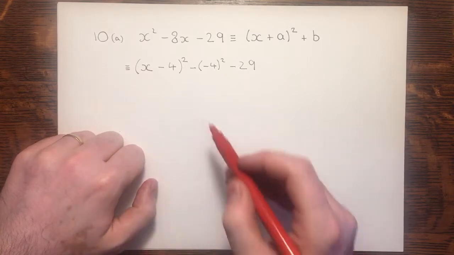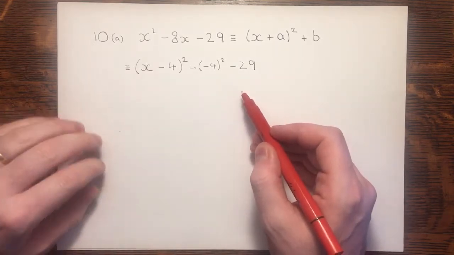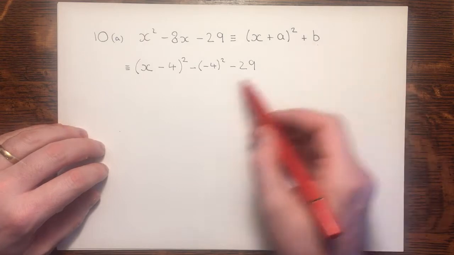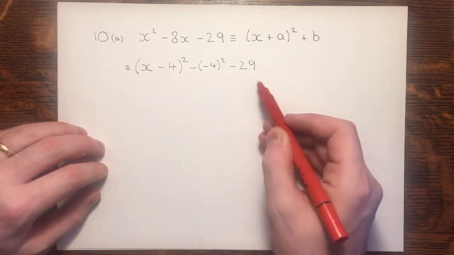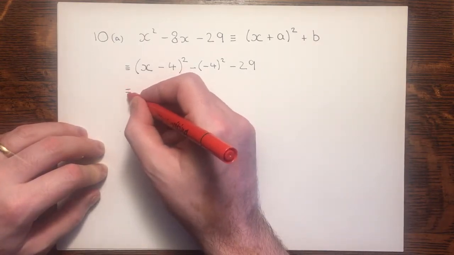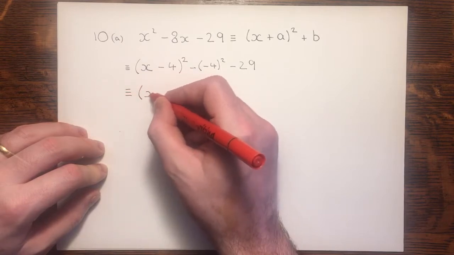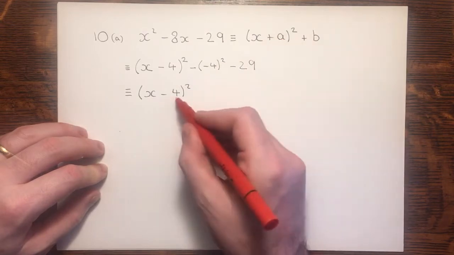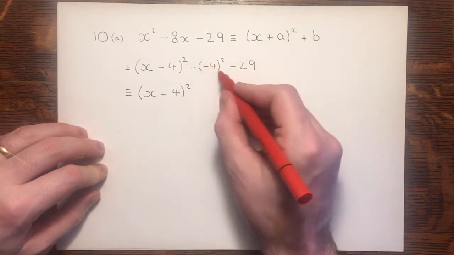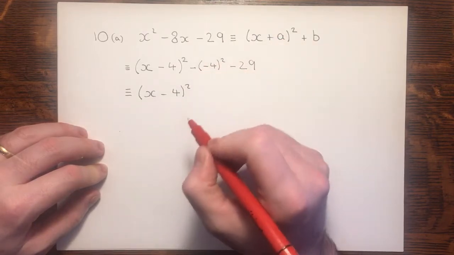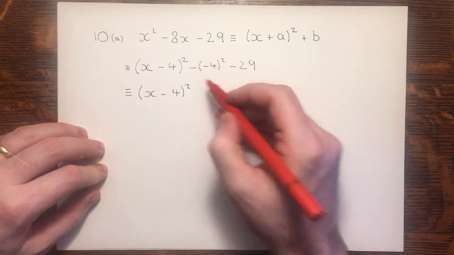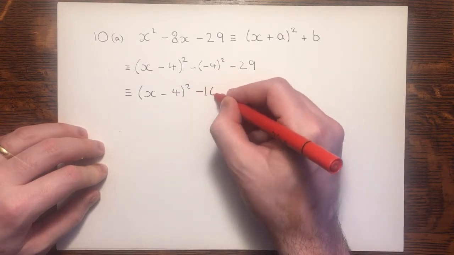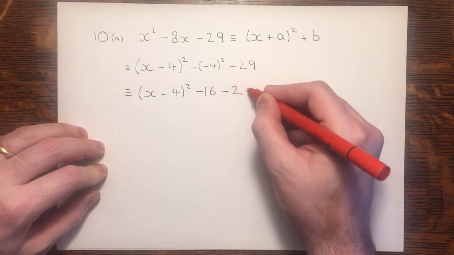I now need to evaluate this and tidy it up a little bit because it's asked for b as an integer, not as a big mess here. So, keeping the bracket the same, that bit's fine. We can see already that a is minus 4. Here, if I have minus 4 squared, that'll give me 16, so I'm subtracting 16, and then subtracting 29.